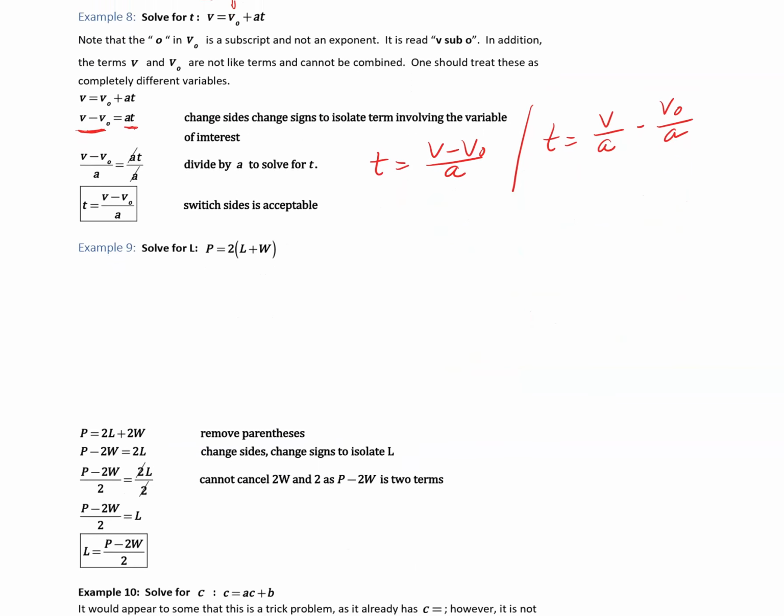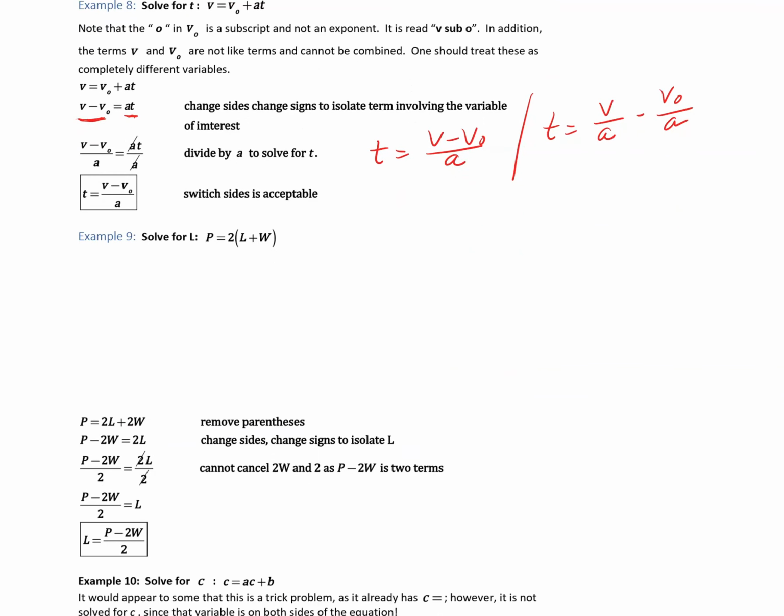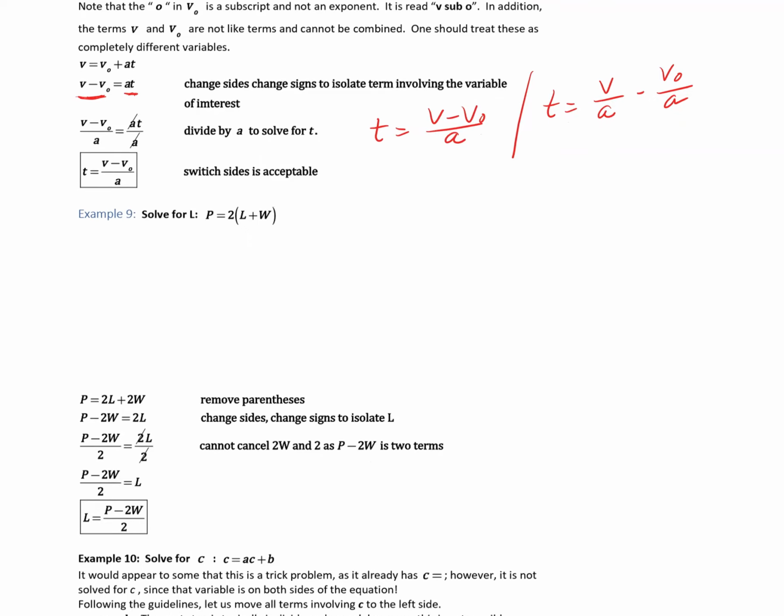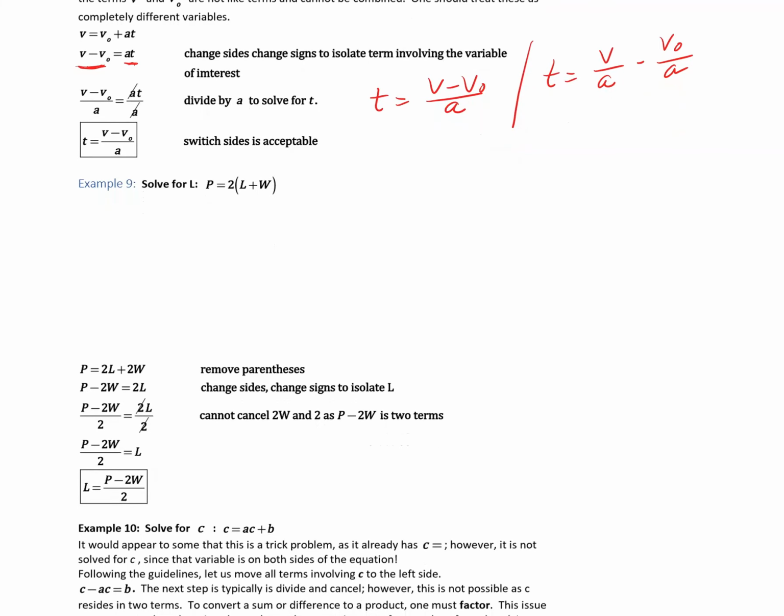The next one, P equals 2 times L plus W. This one we want to solve for L. So first thing you want to do is distribute, especially because L is in the parentheses. So you get P is equal to 2L plus 2W. Next, subtract 2W. P minus 2W equals 2L.